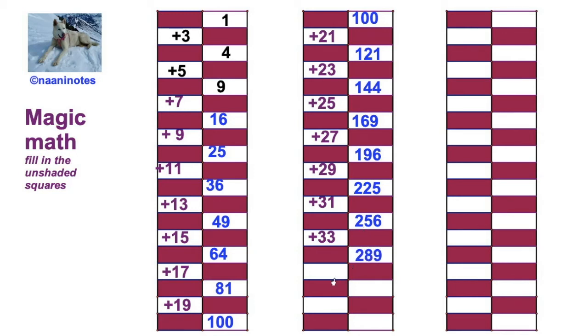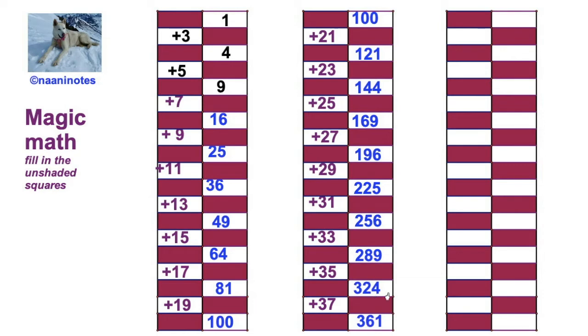289. Let's add 35. We add 35 to 289, and you're going to get 324. Okay. Next odd number, 37. All right, 50, looks like a 61, and it is 361.